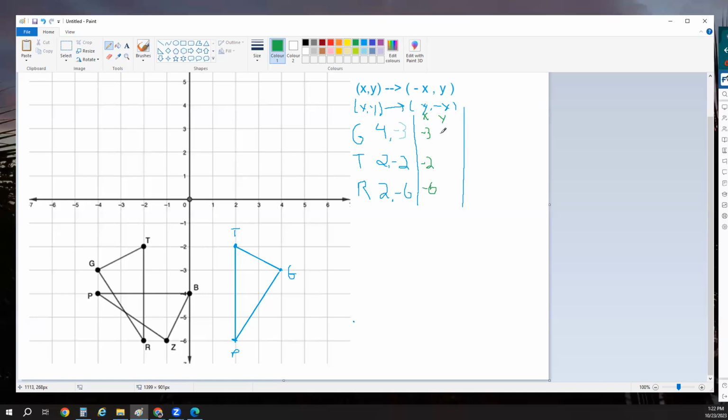And our y coordinates are the negatives of the old x coordinates: -4, -2, and -2. So let's plot those. That is our new G coordinate. We have -2 and -2, that is our new T coordinate. And we have -6 and -2, and that is our new R coordinate. We'll connect those with the green line.